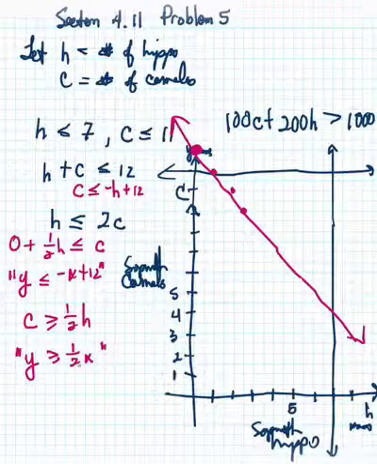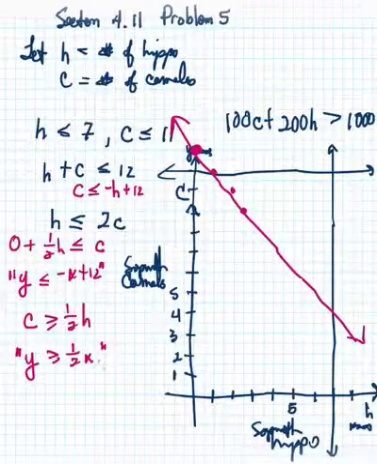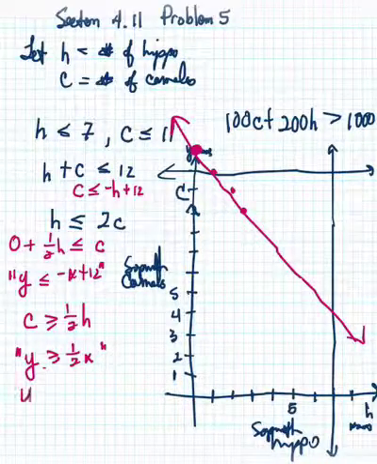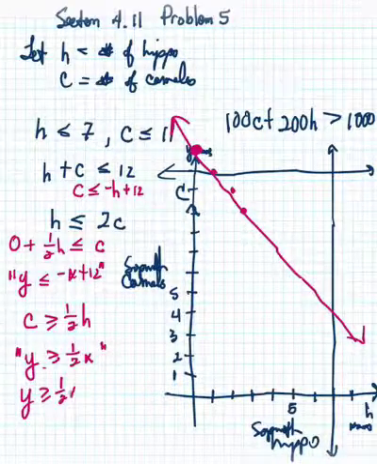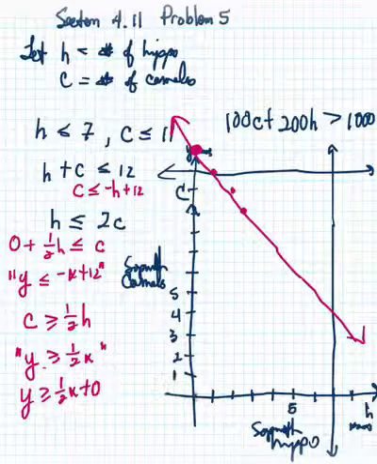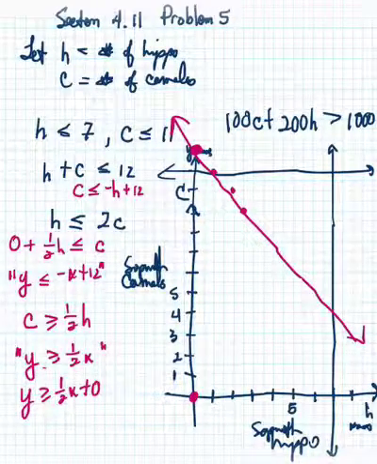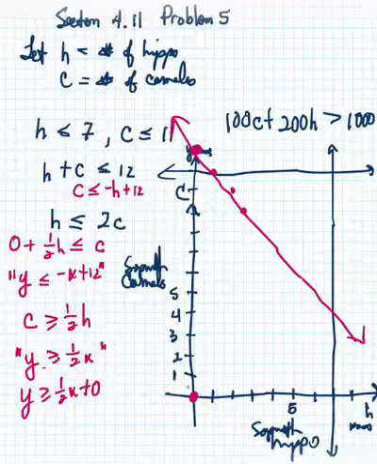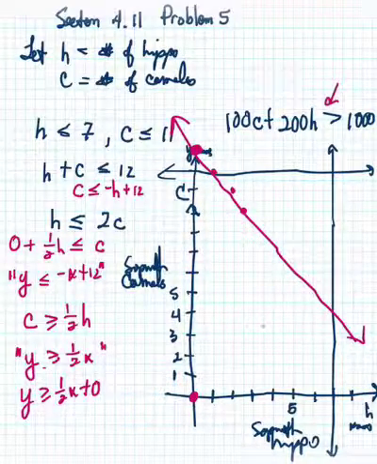So in other words, this is just the line going through the origin. I could write it like this too: 1/2 X plus 0. It's going through the origin. It is going to be a solid line also, unless I just did something wrong. I thought something, that one's not a solid line. All right, everything else is.